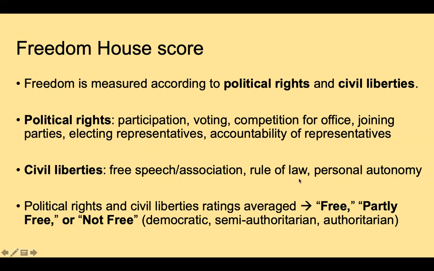And so whereas the democracy dictatorship and the POLITY 4 measures are relatively objective or observable, some of these civil liberties and political rights categories that fall under the Freedom House score are more difficult to really measure objectively.